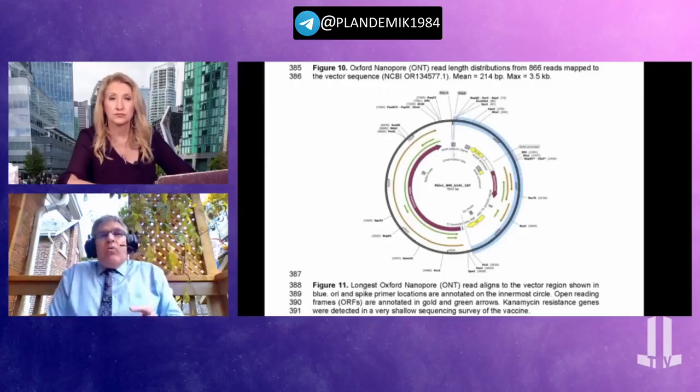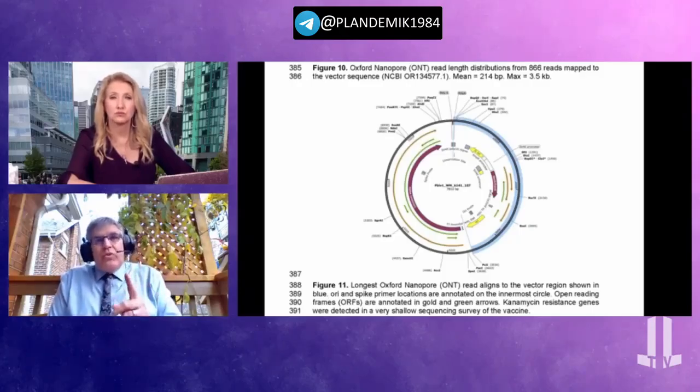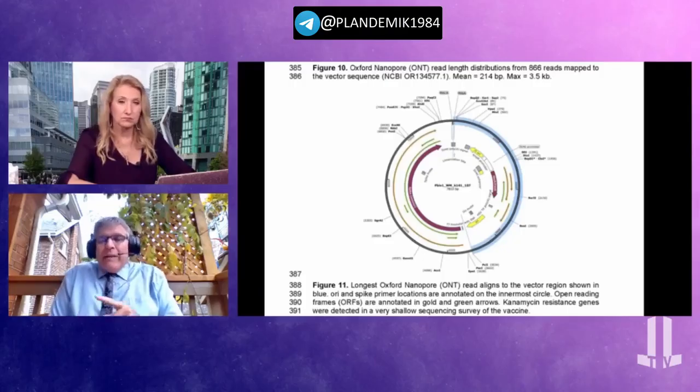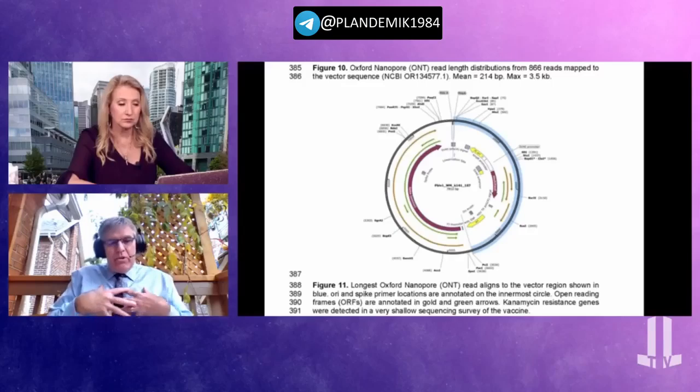Now, what is completely unacceptable would be to fail to disclose any bioactive genetic sequence, especially if that genetic sequence could be active in what we call mammalian cells. Why? Because we're mammals, and so all of our cells are mammalian cells.